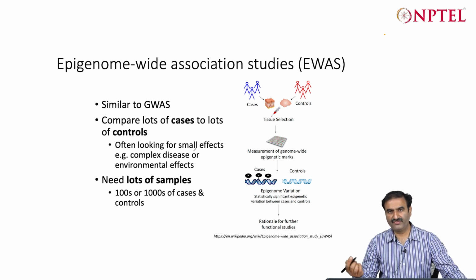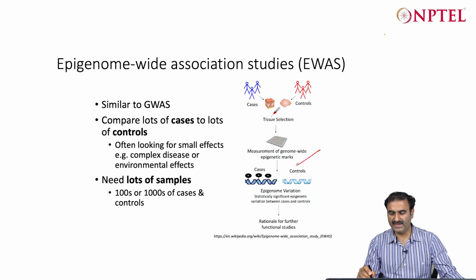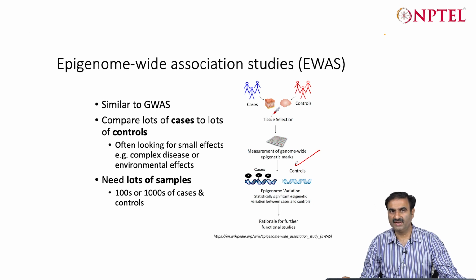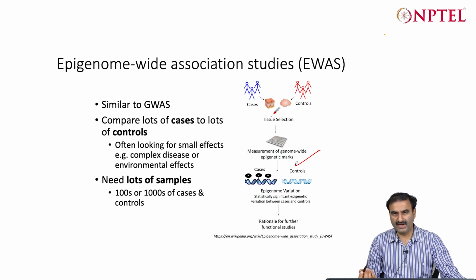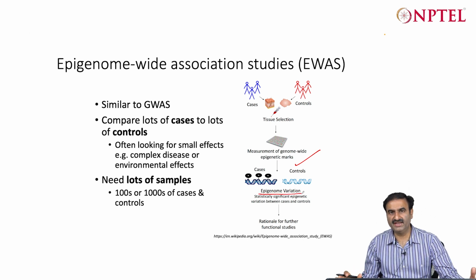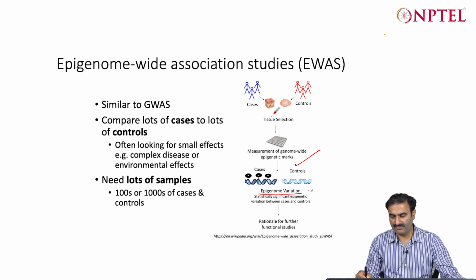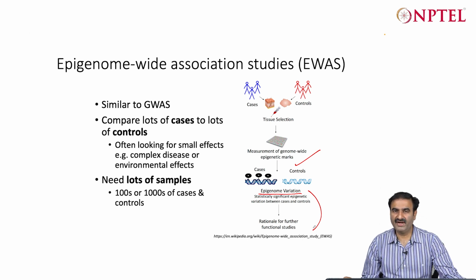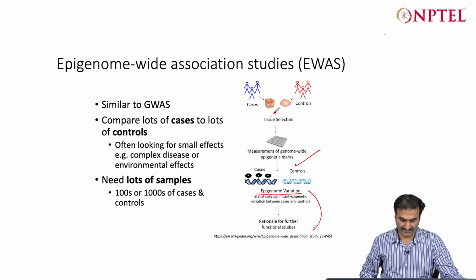And people have also done EWAS, epigenome-wide association studies, where, for a particular tissue in cases and controls, they can look for genome-wide epigenetic maps, along with the GWAS and SNP maps, and can find epigenomic variations in the control and healthy individuals, which can provide insights and also leads for experimental validations and further studies.